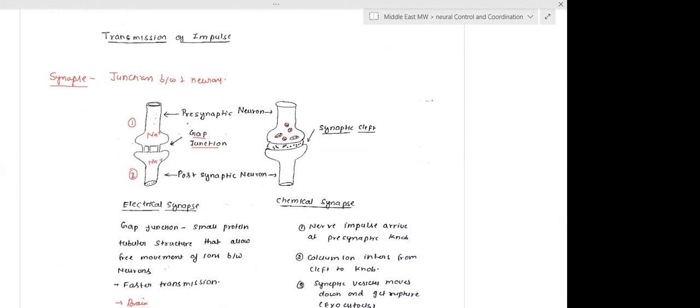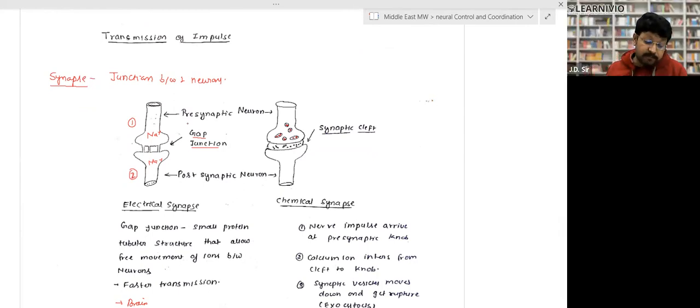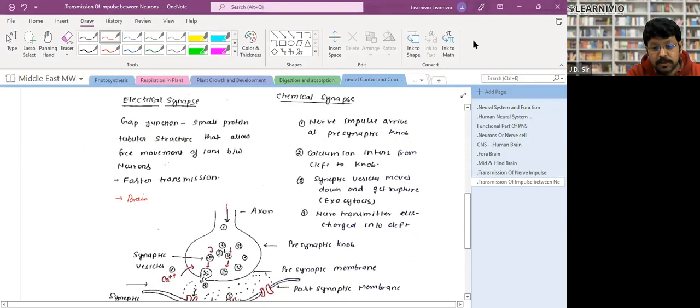So now the next thing which we are going to study is what is a reflex action and what is a reflex arc. Let me tell you. So put the heading reflex action and reflex arc. Right. So reflex action. It's easy.